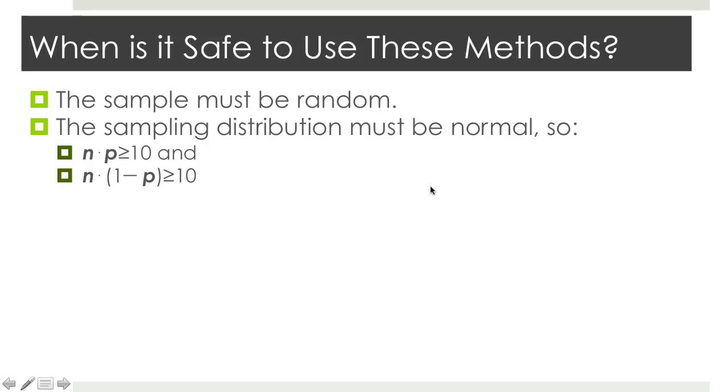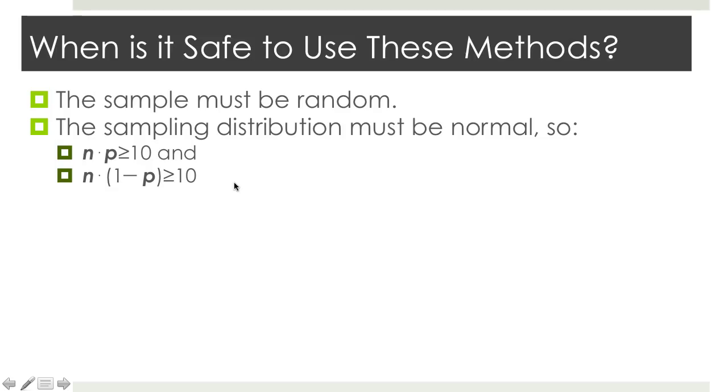And the only way that happens, as we saw in a previous topic, is if n times p is greater than or equal to 10, and n times 1 minus p is also greater than or equal to 10. In a previous topic, we saw that these two conditions, if these were both true, then we could assume that the sampling distribution of sample proportions was normally distributed. That then allows us to use all the calculations and the StatCrunch calculator to do the computations that we need in order to compute the confidence interval.